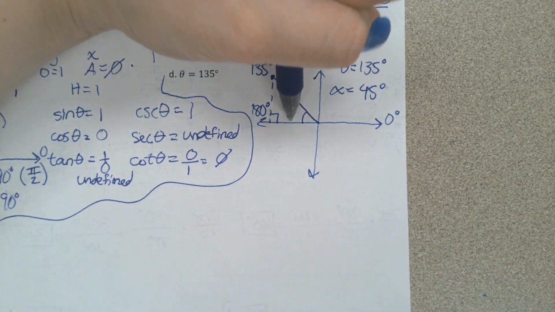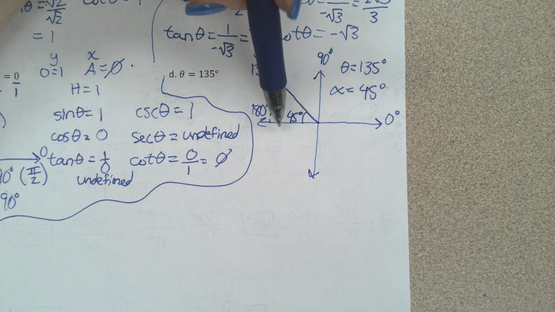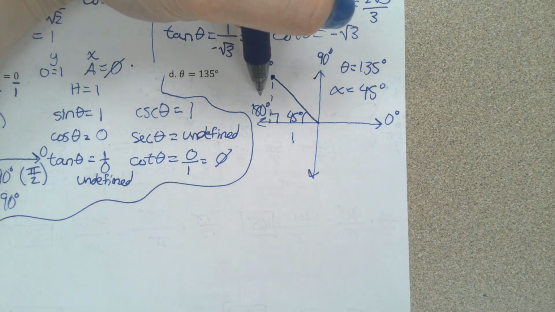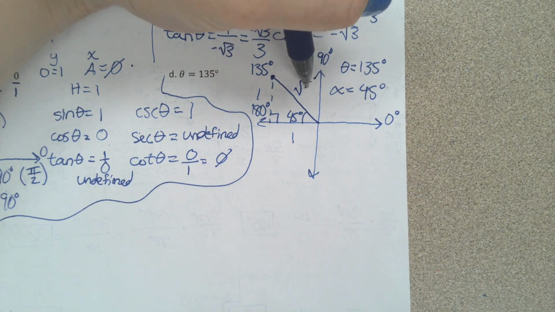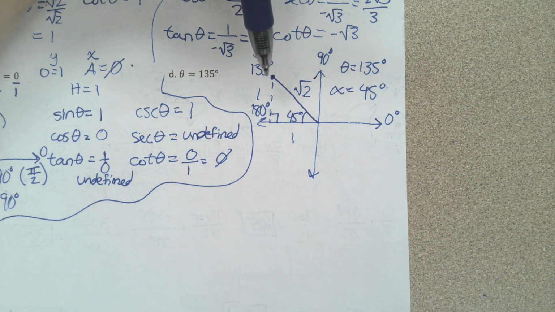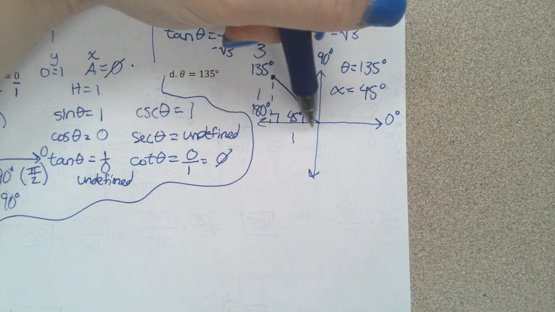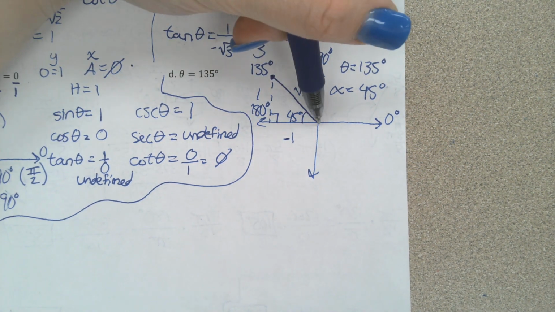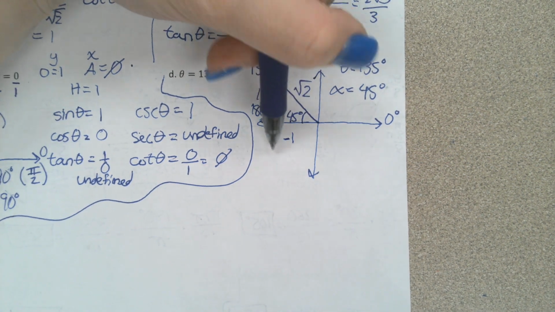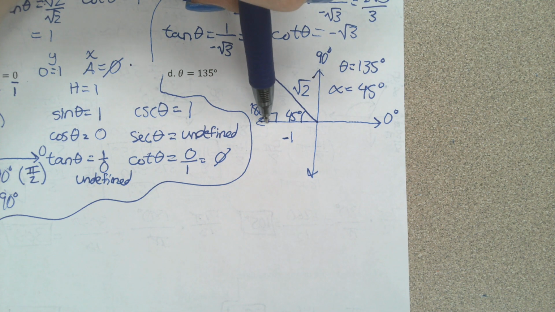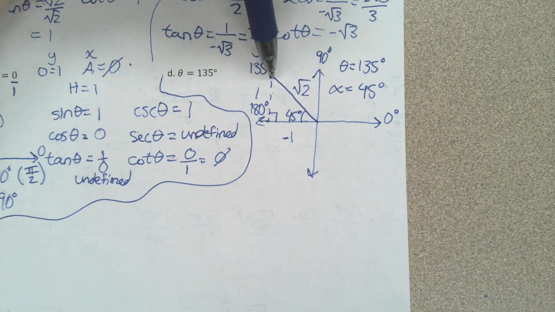So we now know we have a 45, 45, 90 triangle. That means the legs are 1, 1, and our hypotenuse is rad 2. Don't forget to come back to the legs. Are we supposed to have any negative legs? Yes. Here on the bottom, this is on the negative side of the x-axis, so this is the negative one. If I start at the x-axis and go up and draw the y part, the vertical part, I'm going up.